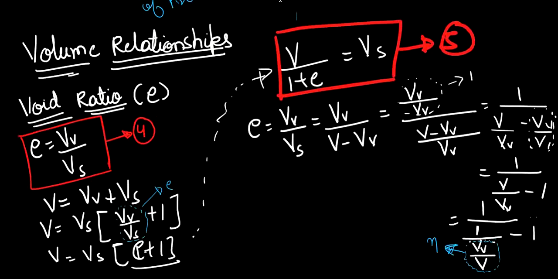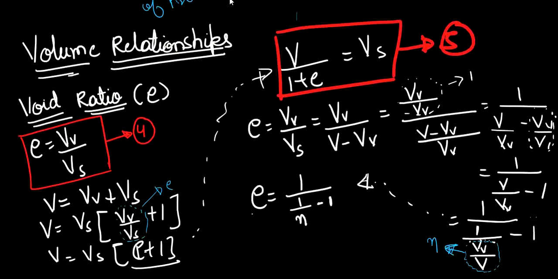So our formula will get transformed into E is equals to 1 upon N minus 1.